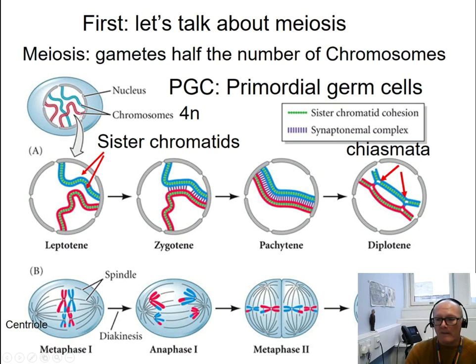So we have a meiosis 1 followed by a meiosis 2. During meiosis 1, the chromosomes align in the middle of the spindle during metaphase 1, separate toward the 2 opposite centrioles, and during anaphase they move to opposite sides of the cell.